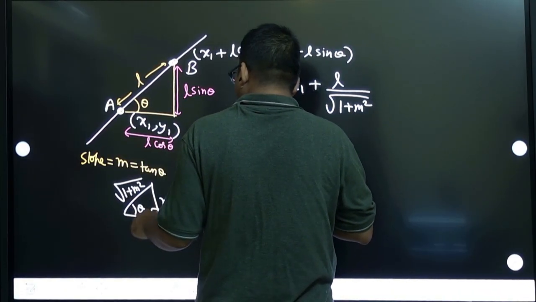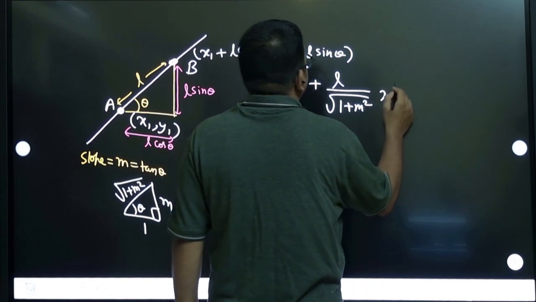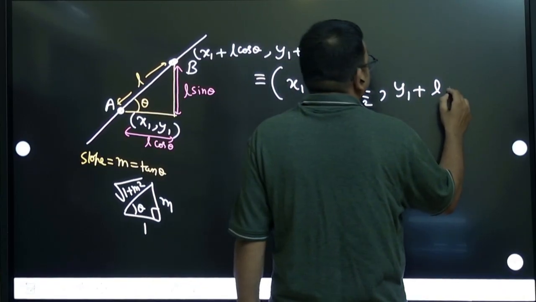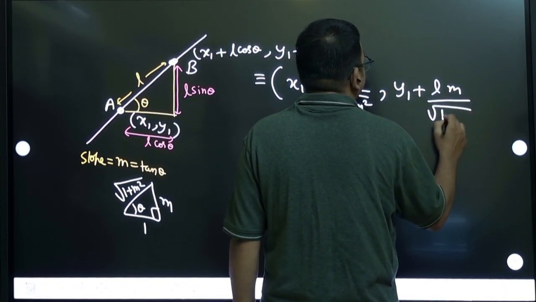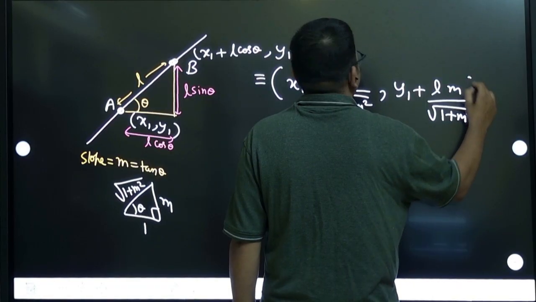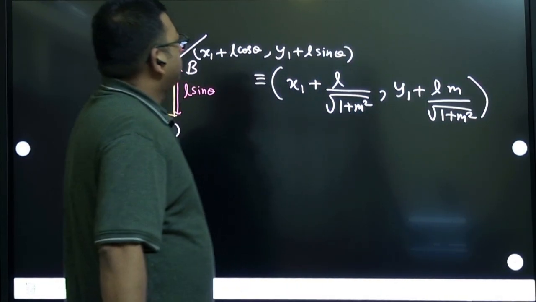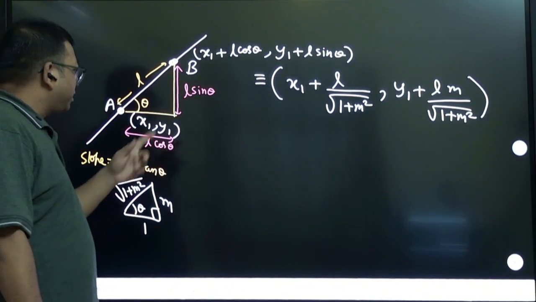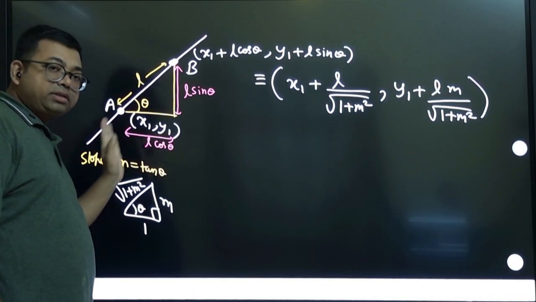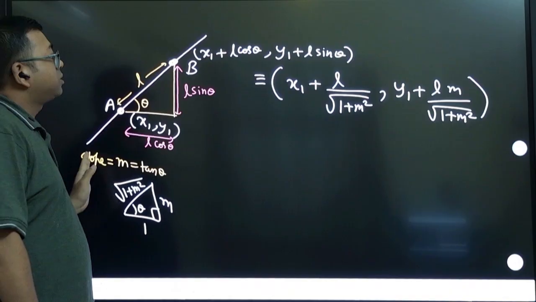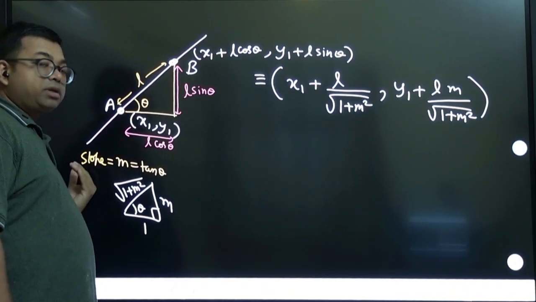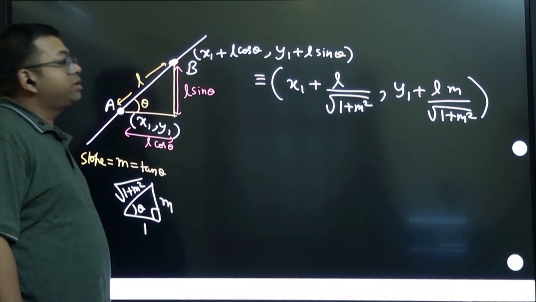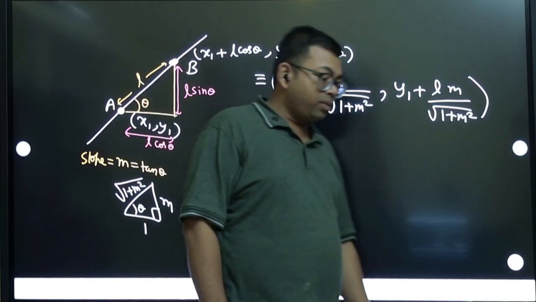And similarly, y1 plus L sin theta, where sin theta is m divided by root under 1 plus m square. So that's the idea. We will be able to calculate a point. If I write minus, I will get a point on the same line, but on this side, because x coordinate and y coordinate will decrease. Here x coordinate and y coordinate will increase, right? So that's the idea.